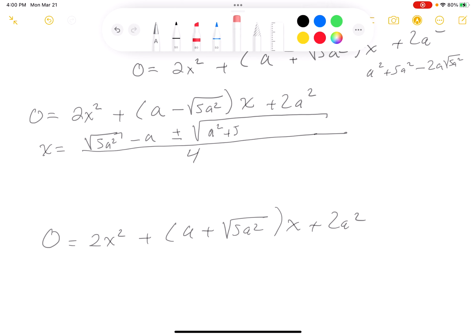You know what? We can simplify that, can't we? That's going to be 6a squared minus 2a root 5a squared minus 4AC now, right?